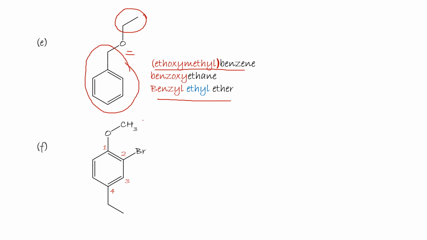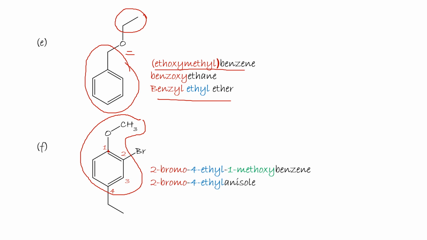For this compound here we have anisole, so the methoxy carbon will be number 1. So this is 2-bromo-4-ethyl-1-methoxybenzene, or 2-bromo-4-ethylanisole.